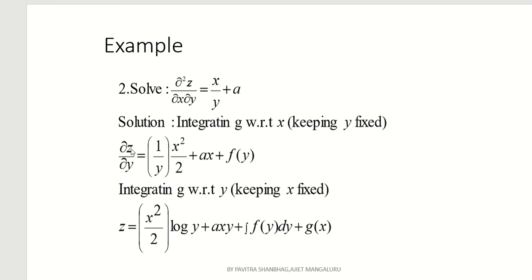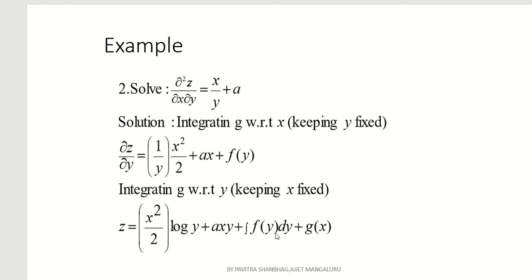Now we want z. So what we have to do? Integrate with respect to y. So z equals, here x²/2 constant, keep as it is. Integration of 1/y is log y, plus ax is constant, integration of 1 dy is y, plus here you should be very careful, integration of small f(y) dy, plus g(x).